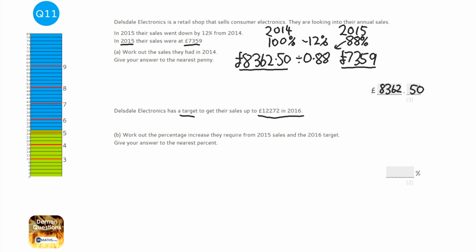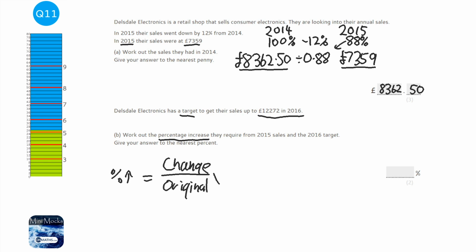Okay, and the next question says that they have a target to get their sales up in 2016. What's the percentage increase? Now, percentage increase or percentage decrease, it's the same formula: change over original times 100. So the change is 12,272 take away the 2015 sales, 7,359.